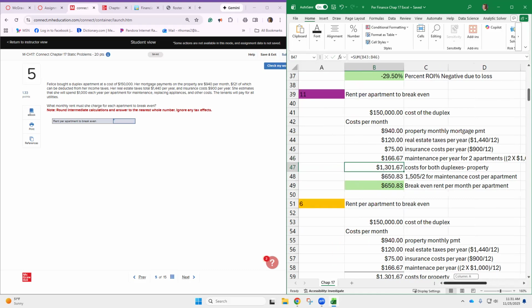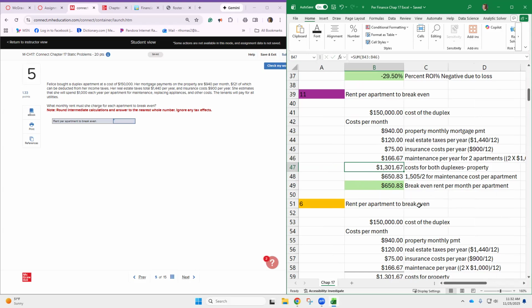Okay, and then the last piece is the costs for both duplexes. So you might as well just come down to the wire. How much is this whole property going to cost her? Okay, that's a good idea, because then we're going to divide that number by 2.